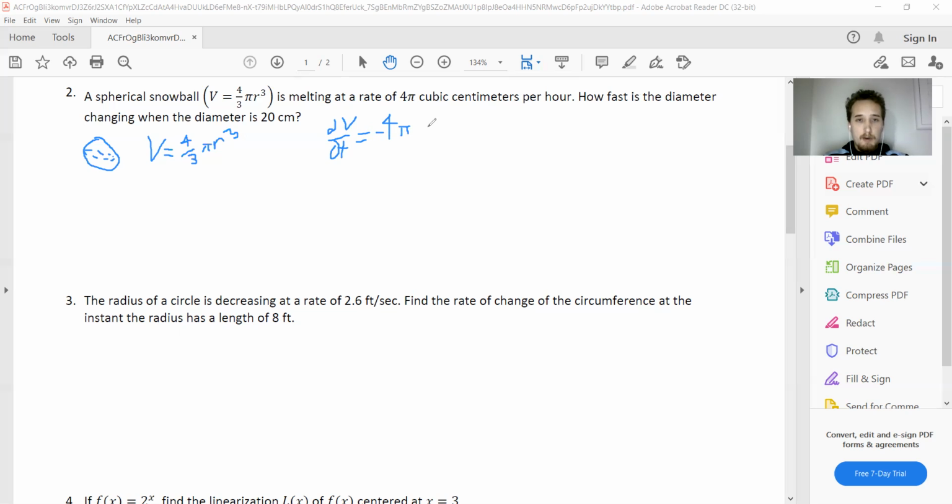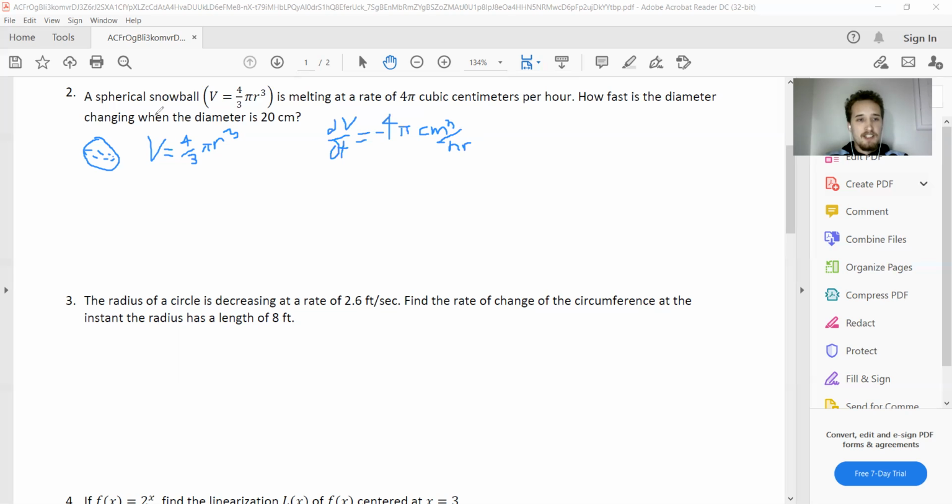Negative 4 pi cubic centimeters. Remember to put the units. Cubic centimeters means centimeters cubed, a 3 there, third power. Per hour. I almost forgot to put that.